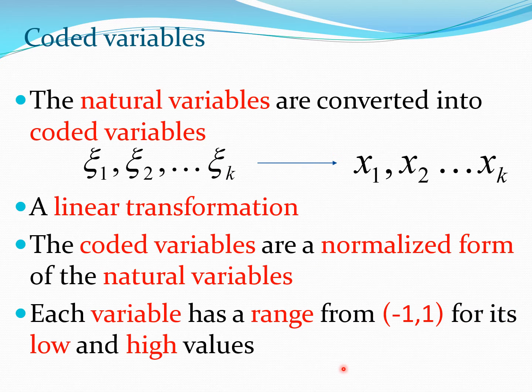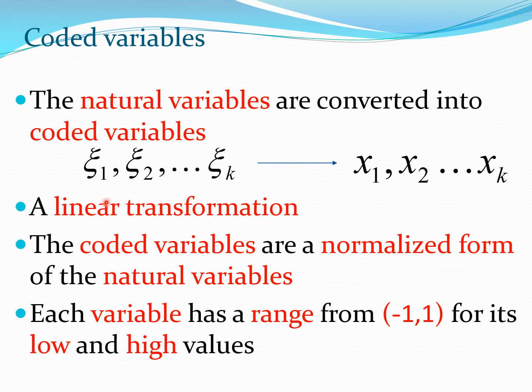Now, in the response surface literature, we typically convert these natural variables to something known as the coded variables. So these are x1, x2 to xk, and this is done through a linear transformation. So essentially, coded variables are a normalized form of the natural variable, and each of these coded variables has a range from -1 to 1 for its low and high values.